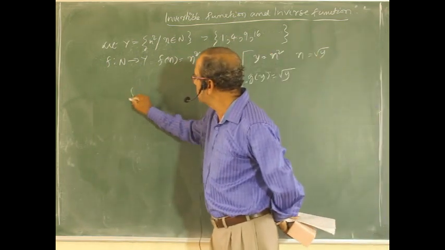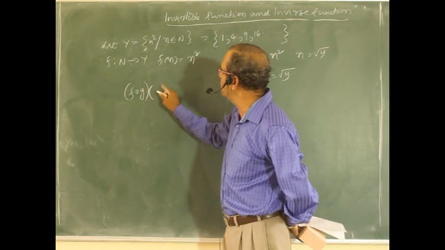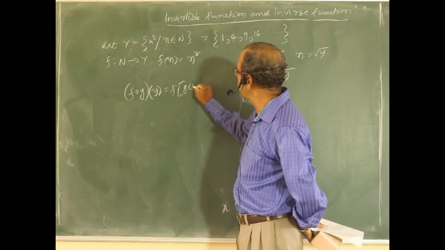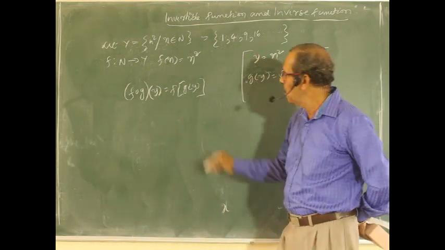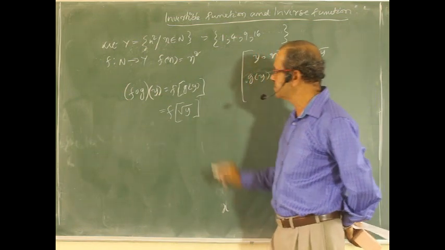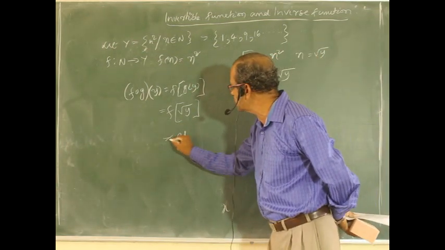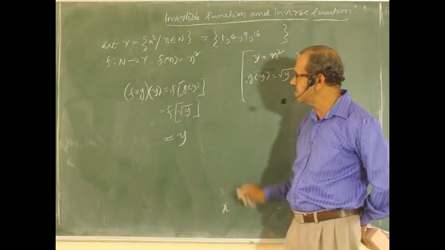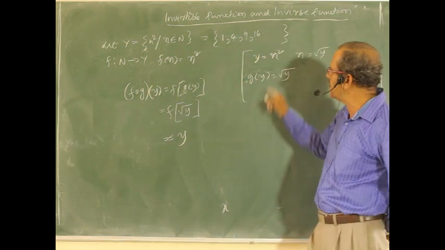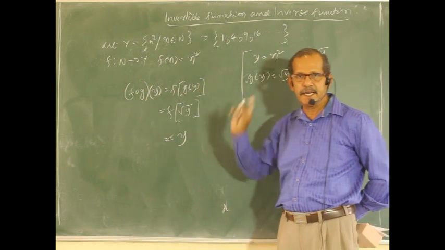Now we have to see whether that function exists. F composite G of y equal to F of G of y, which is F of root y. F of n is n square, so F of root y is root y square, or y. F composite G of y equal to y, it is identity. So we can define a function G of y such that the composition is identity.